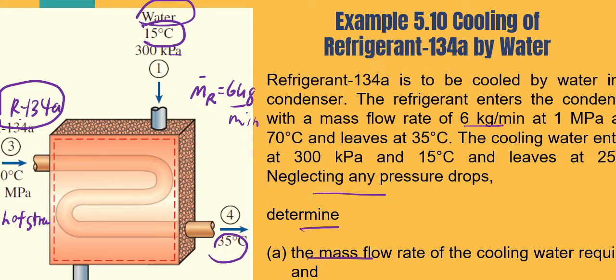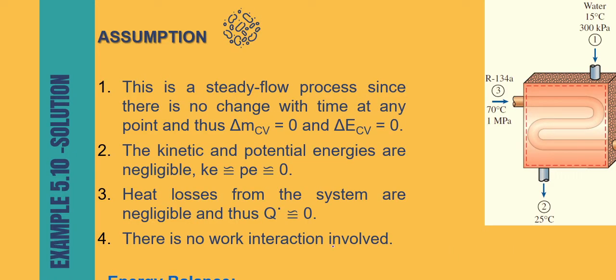Okay, for heat transfer, obviously you cannot select the entire heat exchanger to be your system. You need to select either fluid, either water or refrigerant 134a, to be your system. Then only you can find the heat transfer. But for mass flow rate, you can select the entire heat exchanger to be your system. Alright, so for the first question, we select the entire heat exchanger to be the system.